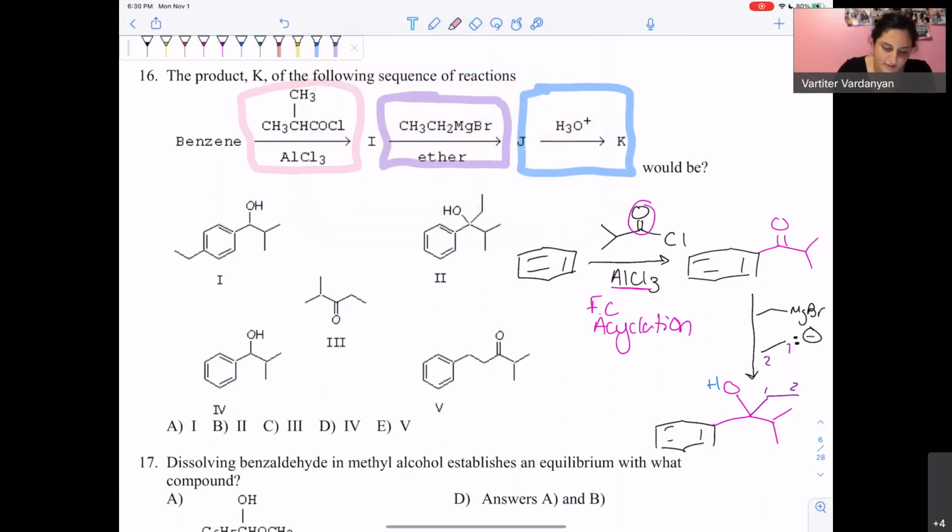Okay, here we go. Now it's color-coded. So step 1 was the Friedel-Crafts acylation. Step 2 was the Grignard reaction, and then I put this in instead of making a whole new step, but that's the protonation from the acid at the end. So which answer looks right?